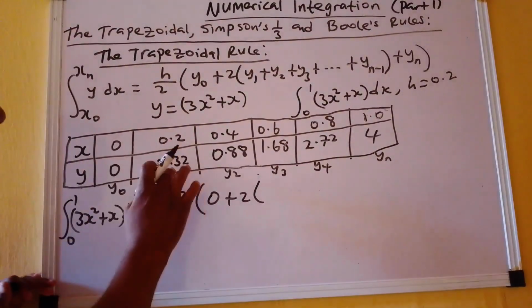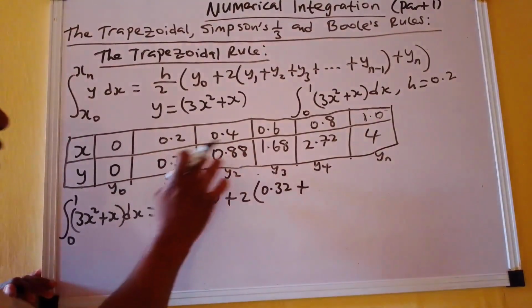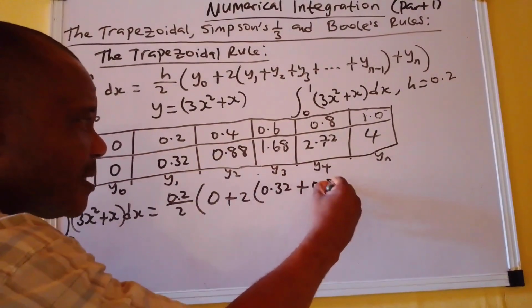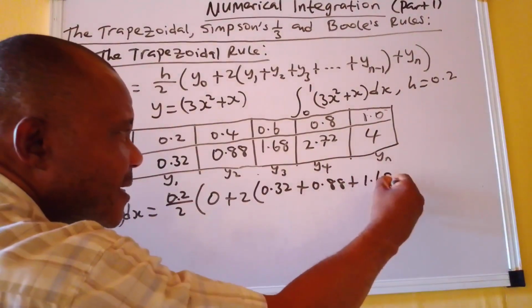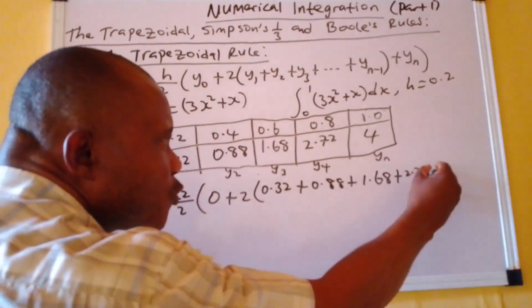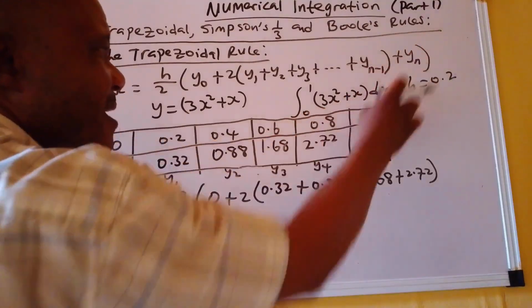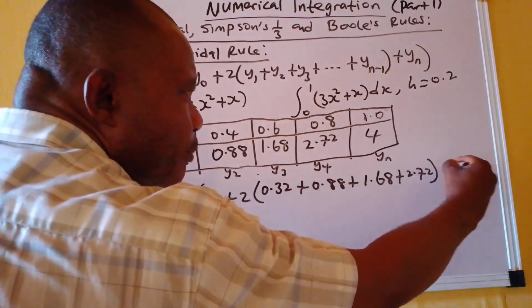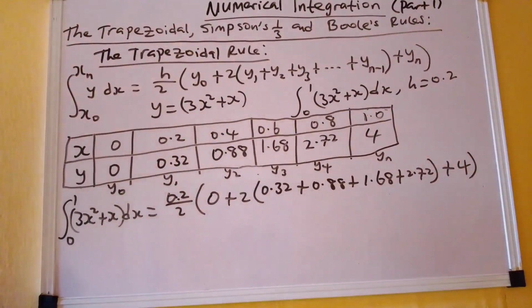You start by putting 0.32 plus the next one 0.88 plus the next one 1.68 plus the next one 2.72. Then you close the bracket. That is what we have done. Then yn is put at the last, plus your yn, which is 4, then you cover the entire bracket. That is how it is done.